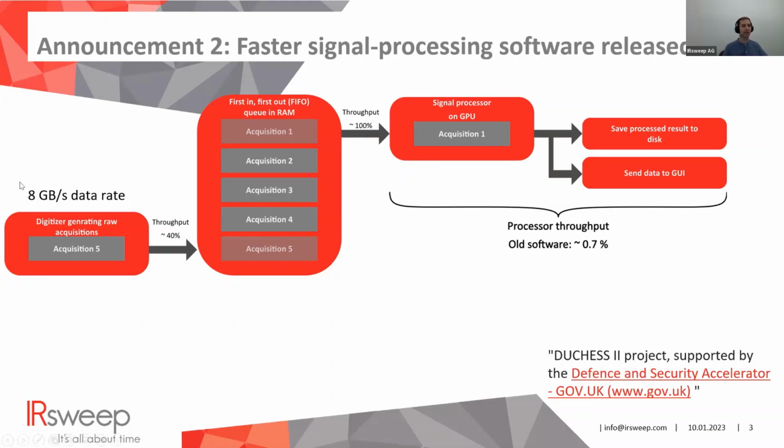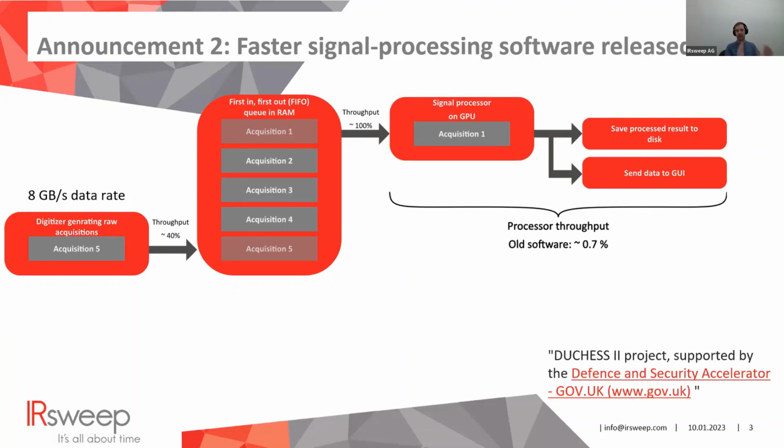We have data rates of 8 gigabytes per second coming out of our digitizer, and we somehow have to turn those into spectra. And you can imagine there's a lot of number crunching involved. There's a few steps we don't really have to care about, but where the main issue was the actual evaluation of the data, where we used to have a data throughput of 0.7% so far.